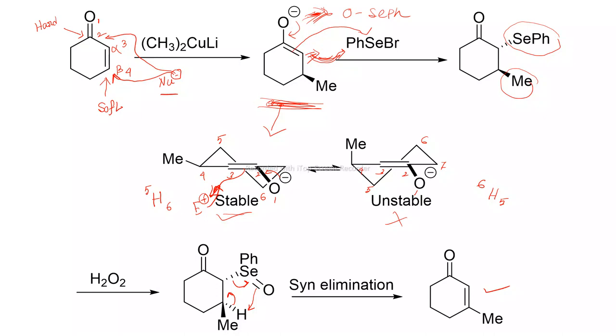C attack is happening here. It is possible to attack with oxygen. Suppose here we are using phenyl selenium bromide. If we use P double bond O, OEt, methyl methyl, that time what attack will happen? Any idea?